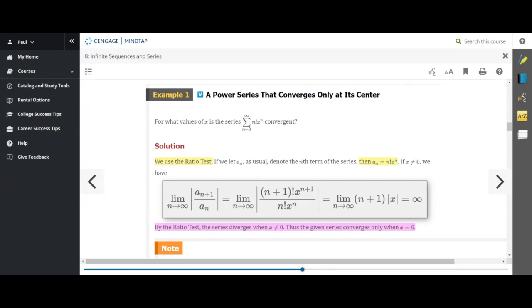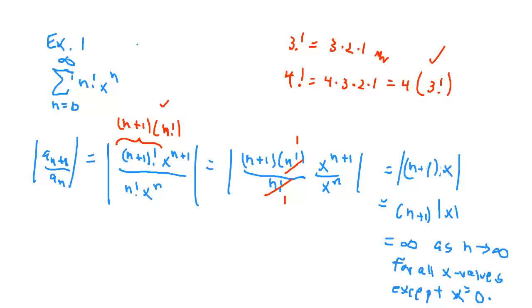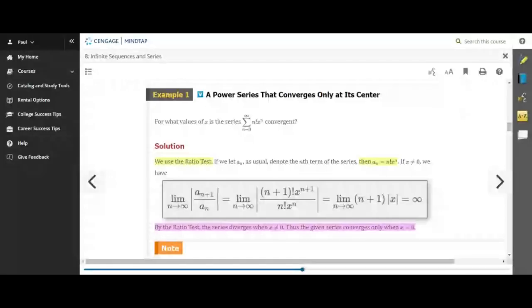Yep, that's right. So this series diverges when x is not equal to 0. So this series converges only at one point, at x equals 0. Not very interesting, but you know.